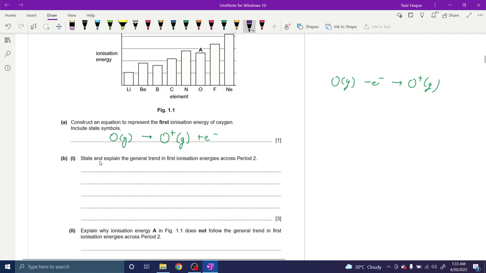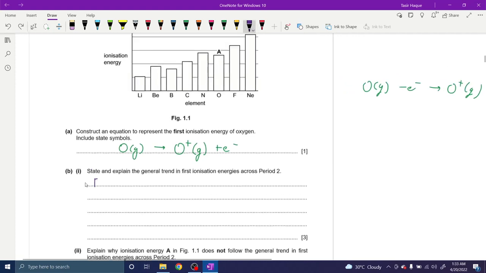Alright, so what happens? First ionization energies increase across period 2.